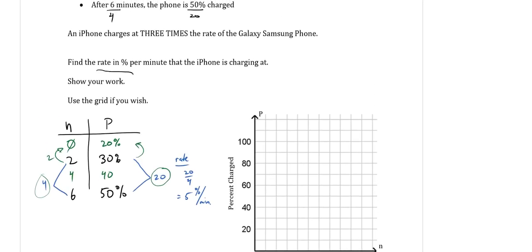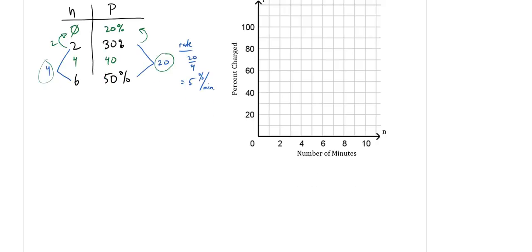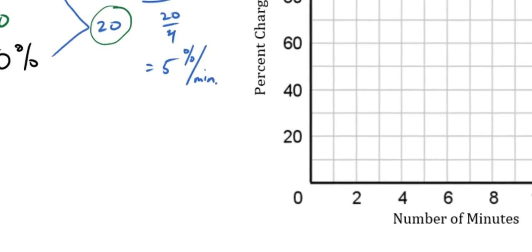Find the rate in percentage per minute that the iPhone is charging at. An iPhone charges at 3 times the rate of the Samsung phone. And we found the rate of the Samsung, so we could go ahead and find the rate of the iPhone, right?